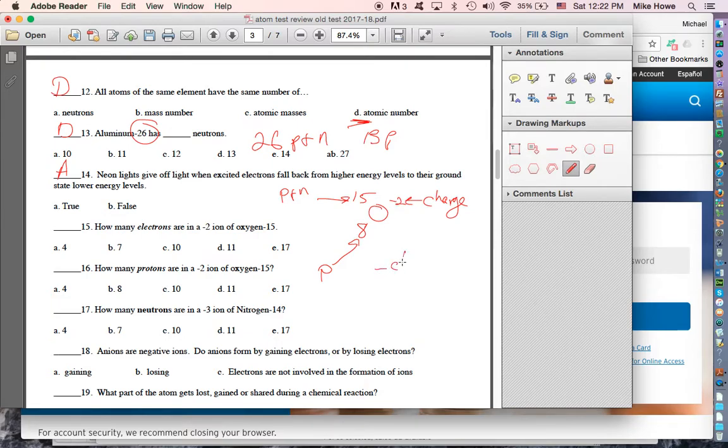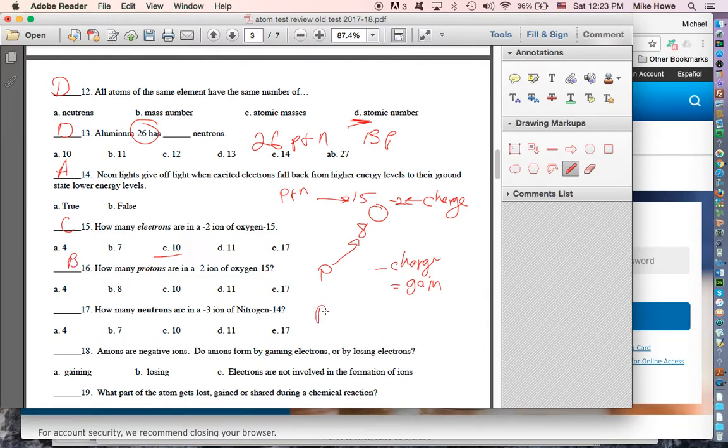A negative charge means you've gained an electron or 2 or 3, however many your charge is. In this case, the charge is -2. So how many electrons have I gained? 2. So instead of having 8 electrons, how many do we have? 10. So the answer is 10. Protons, that's just straight up 8, because protons never change. So the answer is B, 8.